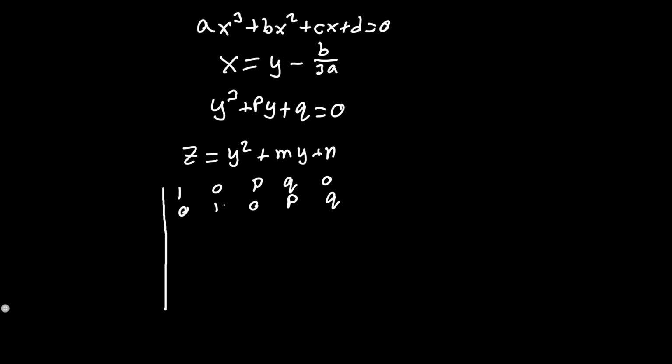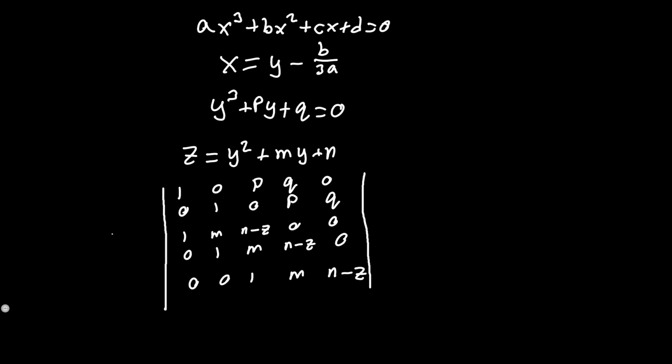So we have the original polynomial in the first two rows. Now in the third, fourth, and fifth rows, we're going to put our transformed polynomial. So we have 1, m, and n minus z, 0, 0, and just move it one to the right. So we have 0, 1, m, n minus z, 0, and 0, 0, 1, m, n minus z.